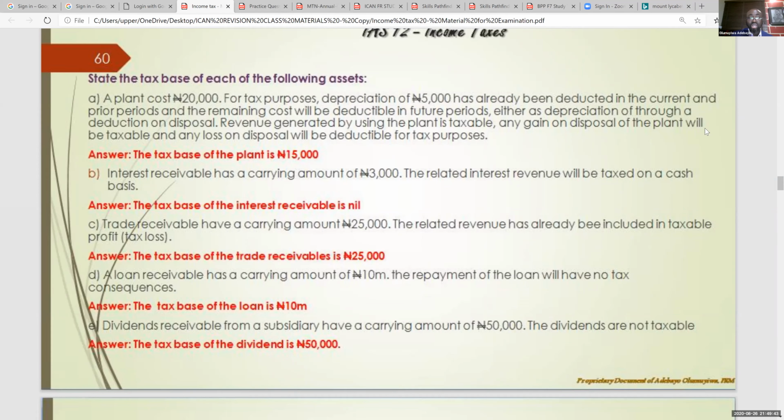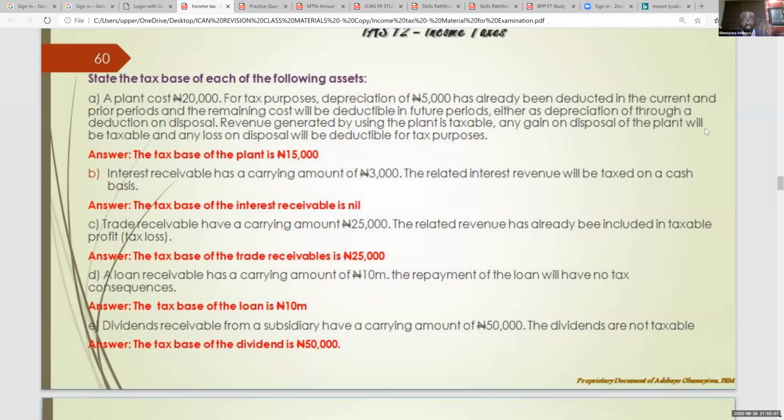Also, let's look at this. If you have a loan receivable in your books, it means you are the lender of money. Now, you lent out 10 million to someone, and we are told that anytime you are repaid the value of your loan, there's no tax consequence on the value of the loan. We are not talking of interest.